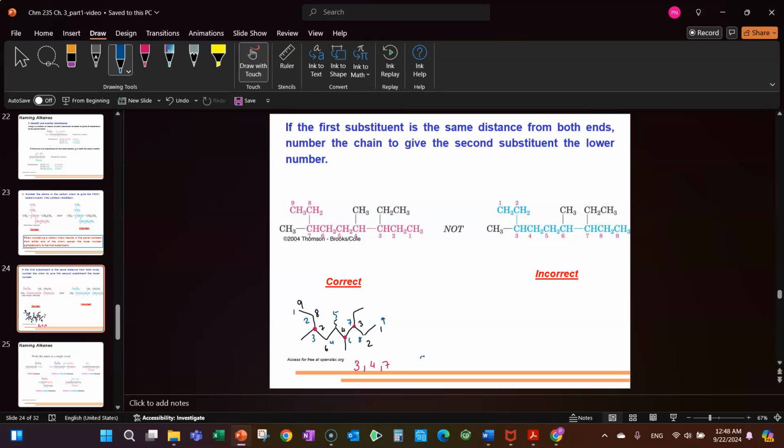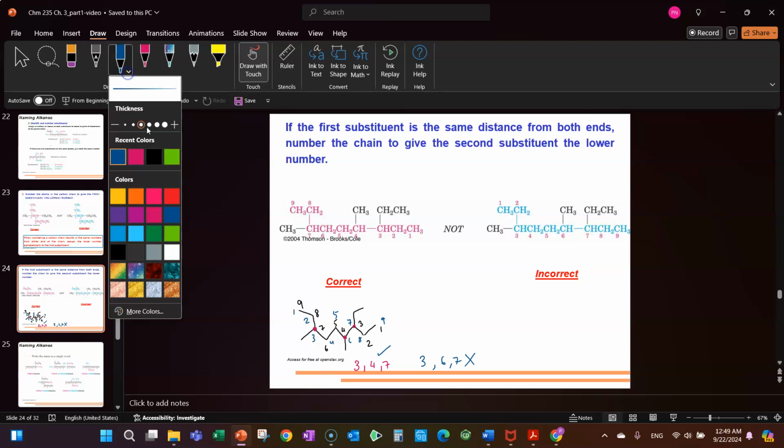Then you have substituents at the third, so third doesn't change. The first substituent is still at the third position, but then the second substituent is coming at the sixth position, right? It's sixth position, and then at the seventh position. So the second substituent is getting a higher number here, so we will not use the numbering from this end of the chain, but we will use the numbering from the left side of the chain, okay, and give these as the correct numbers, okay.